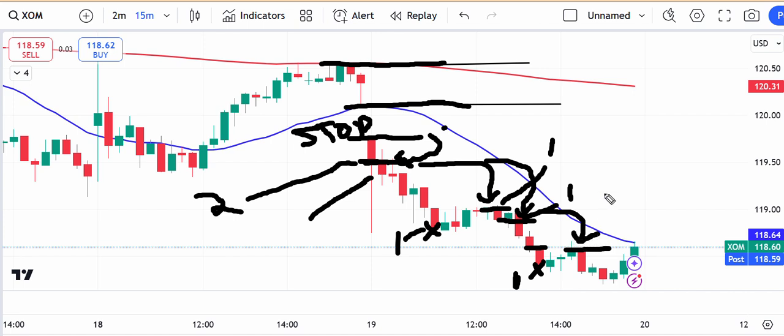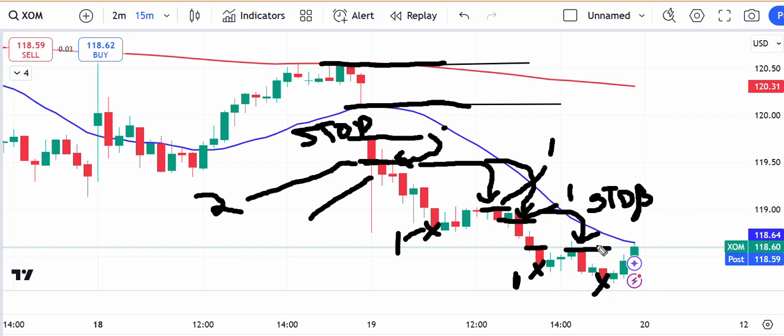That's your new stop. This ensures that you made a profit off your last entry, right? Stop. That's your new stop right there. If you wanted to, you could get out here.